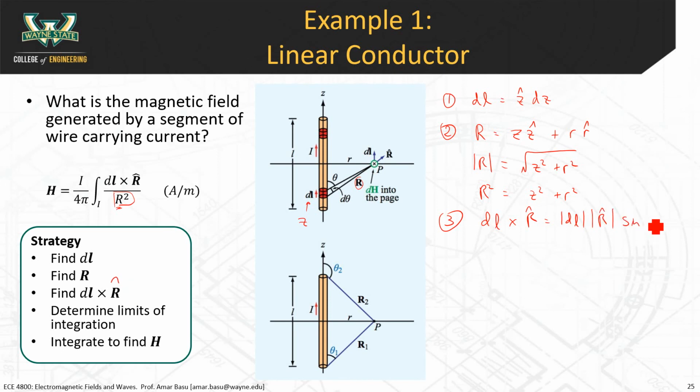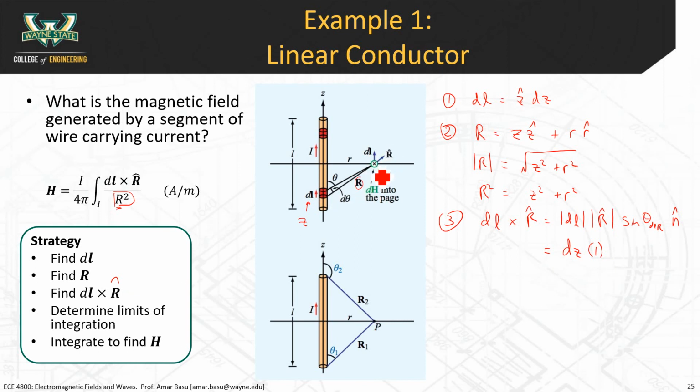Sine of theta going from dl to r, and then the vector that they're both perpendicular to by the right-hand rule. So the magnitude of dl is dz. The magnitude of r hat, it's a unit vector, so the magnitude is just 1. Sine of theta going between them, this is the part where you have to look at the geometry. This is where this angle theta comes into play.